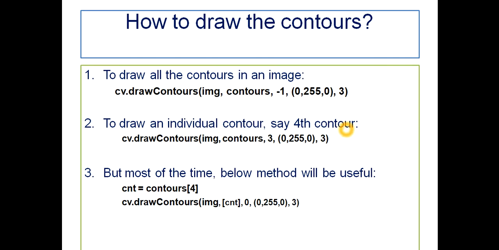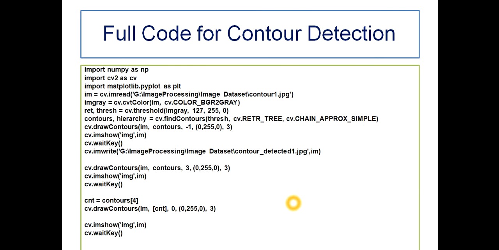Most of the time we use cnt = contours[3] and then cv.drawContours with the image and 0 up to 255, 3. These are the three different ways to draw the contours. Then you can show the image. That's the full code.